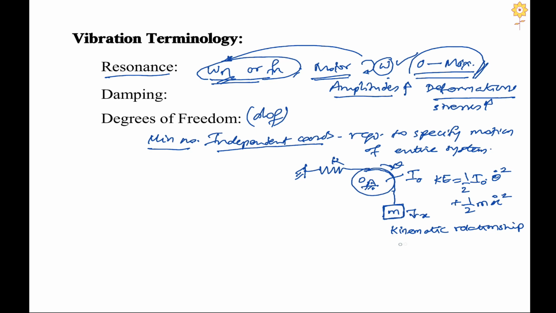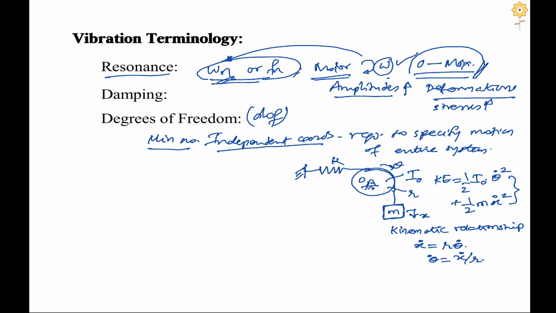So, I can form one relation here kinematically. I can say x is equal to, let us say the radius is r, times theta, or I can convert theta in terms of x: theta is equal to x upon r. Likewise, in these equations I want the derivative. You can get the derivative like this. Okay. So, basically you can convert these two coordinates in terms of only one coordinate.